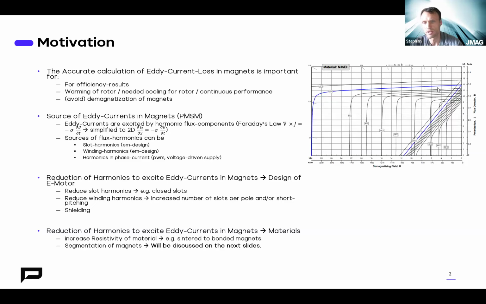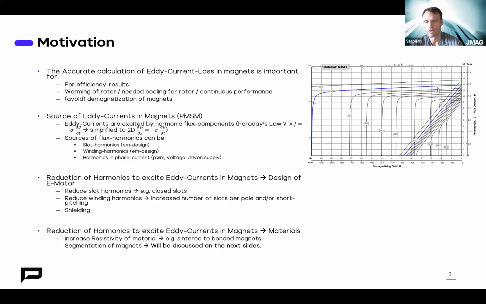Sources of the flux harmonics can be, for example, the slot harmonics or the winding harmonics, so it can be influenced by the design of the e-motor. But there can also be harmonics in the phase current, for example due to PWM, or because we have a voltage-driven supply, like fundamental voltage supply, or if we consider a current control, which is not always able to impose a fully sinusoidal current into the motor.